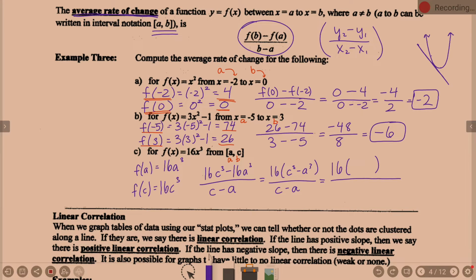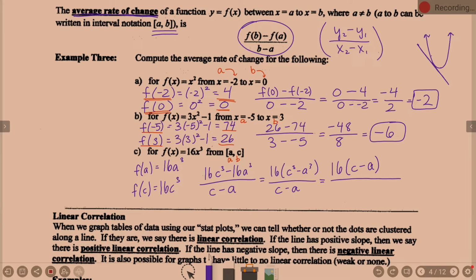To do this, we take the cube root of each of these terms, and we keep the sign the same. The cube root of C cubed is C, minus, keeping the same sign, and the cube root of A cubed is A. That's your binomial.